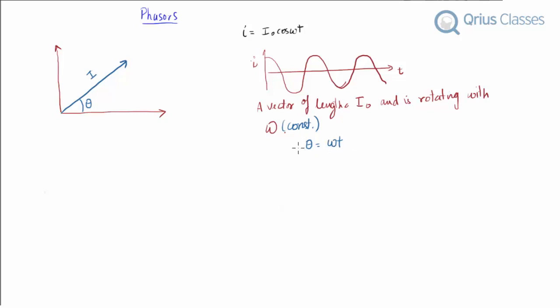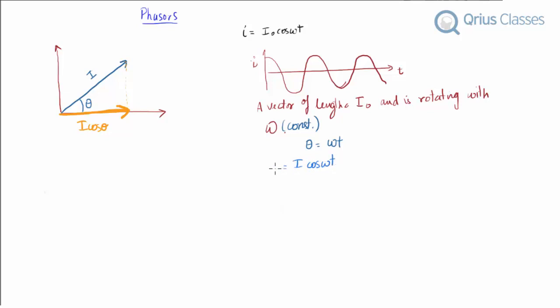Theta, how much it has rotated after time t, can be directly written as omega t. And if we look at the projection of this onto this axis, what is the component of this vector along this axis right now? This value will be I cos theta, which can be written as I cos omega t.